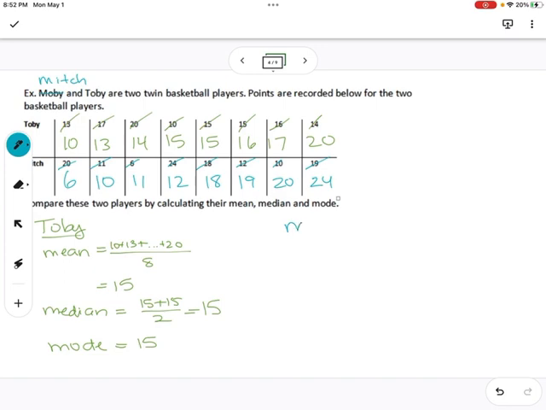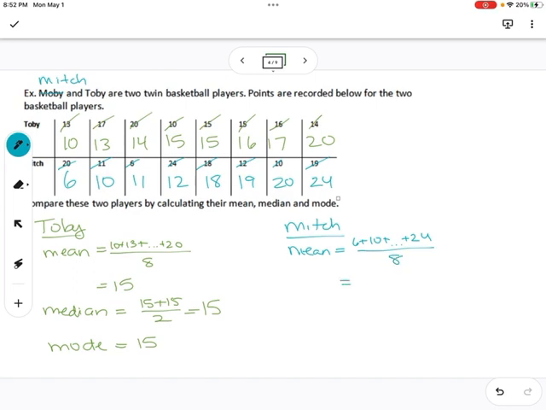Okay, so now let's calculate for Mitch. Again, the mean, we are adding up all the numbers and then dividing by 8. There are 8 numbers. So 6 plus 10 plus 11 plus 12 plus 18 plus 19 plus 20 plus 24 divided by 8.